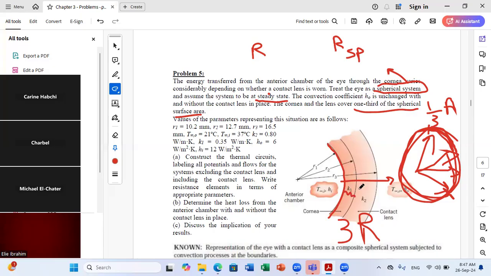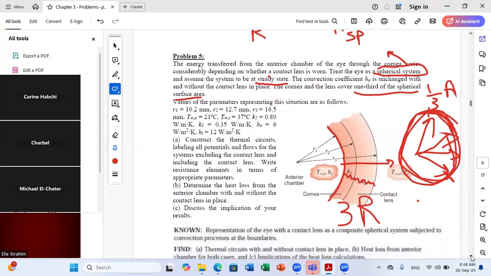While when you put your lens, you have an additional layer that adds an additional resistance of conduction, which will reduce the dissipation of heat to the outer side, and this will lead to a hotter sensation for your eye. We can see this in values. So we will compare the case with and without the lens.